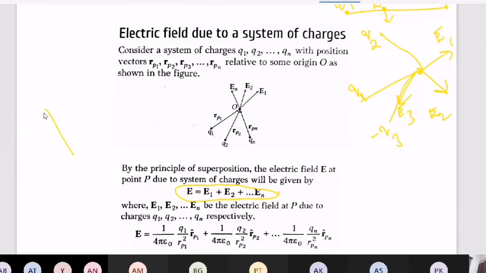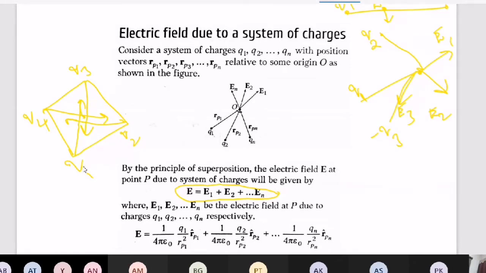Like a question, suppose there is Q1, Q2, Q3, Q4. There are four charges at four corners of a square, and what is the electric field at the center of the square? Then this will apply one field, this will apply one field, this will apply one field, this will apply one field.